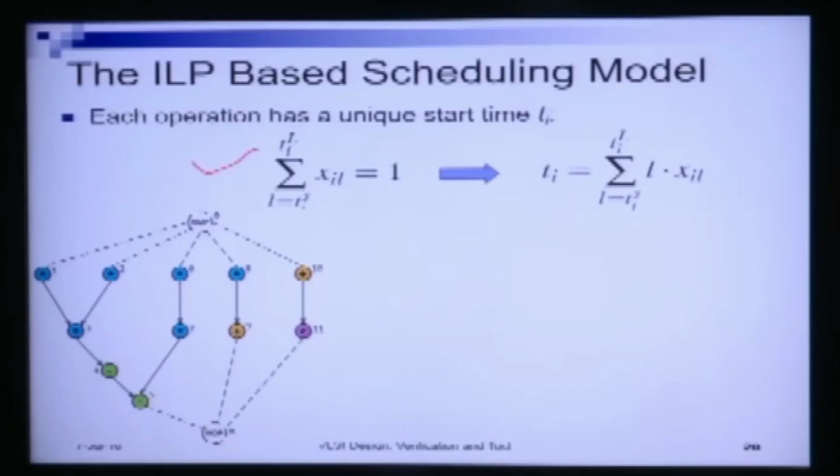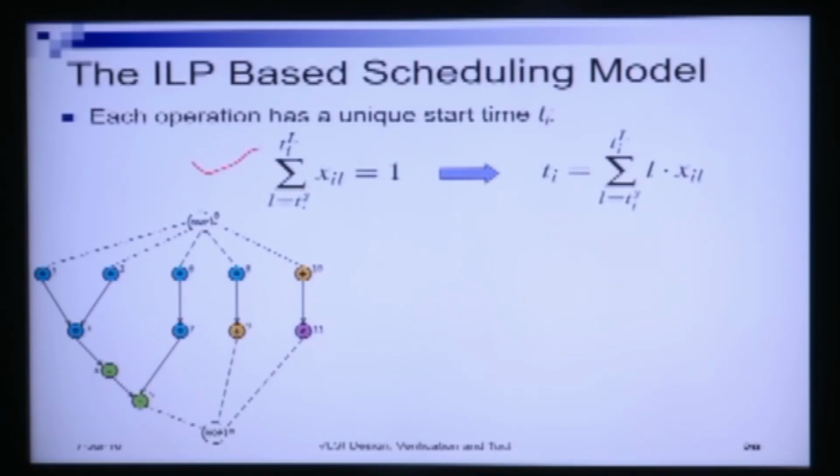So, to denote this through a constraint in the ILP model, we have an objective function and a set of constraints. Now, to model the constraint that an operation can start at one and only one time step, we apply the following, shown here on the left: summation over l equals T_iS to T_iL of x_il equals 1.